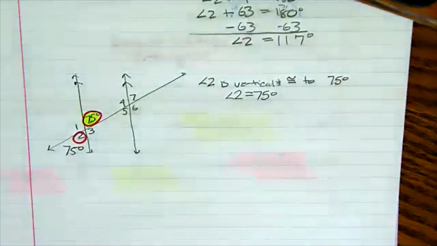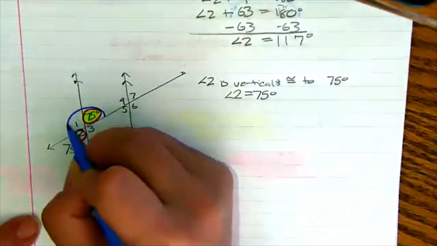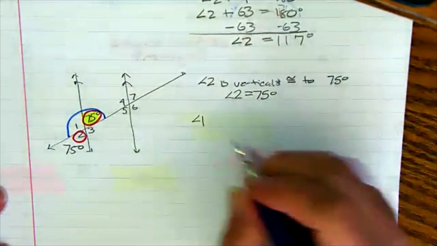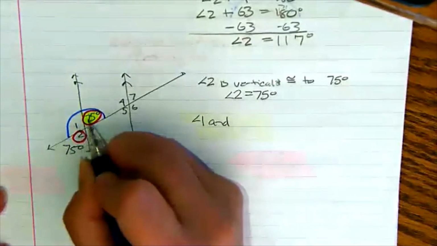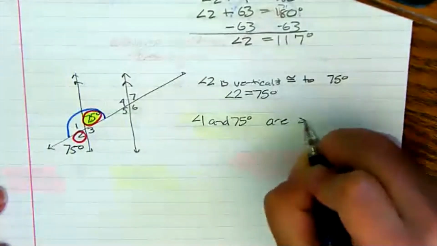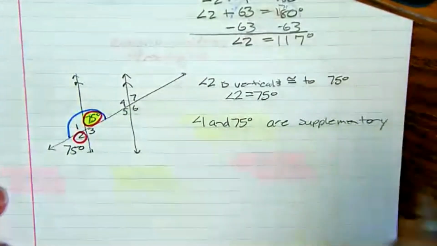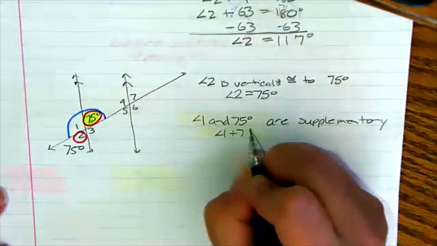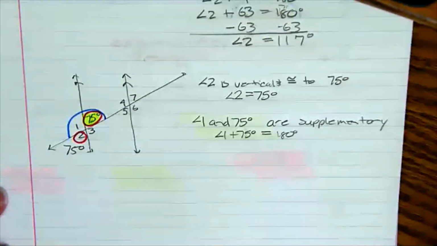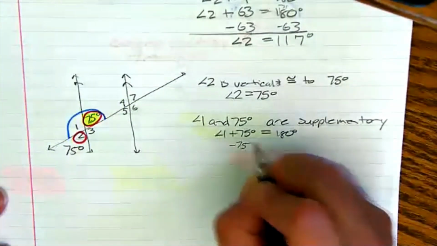Now, I'm going to use the idea of supplementary angles. Angle 1 and the given angle, 75 degrees, are supplementary. So that means angle 1 plus 75 degrees is equal to 180 degrees. Okay, so let's subtract 75.